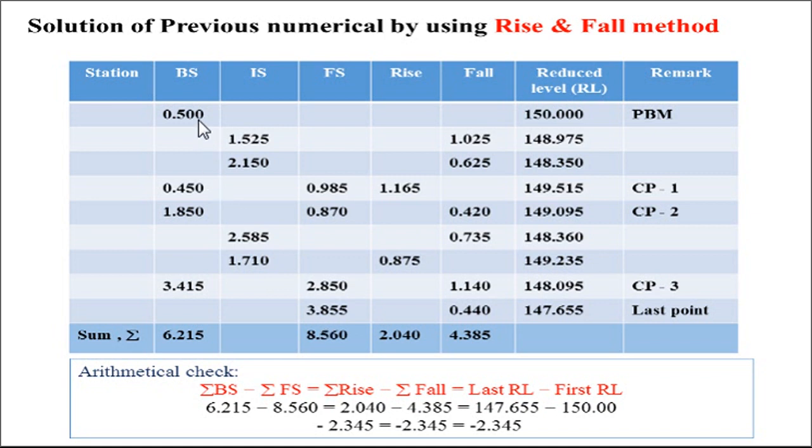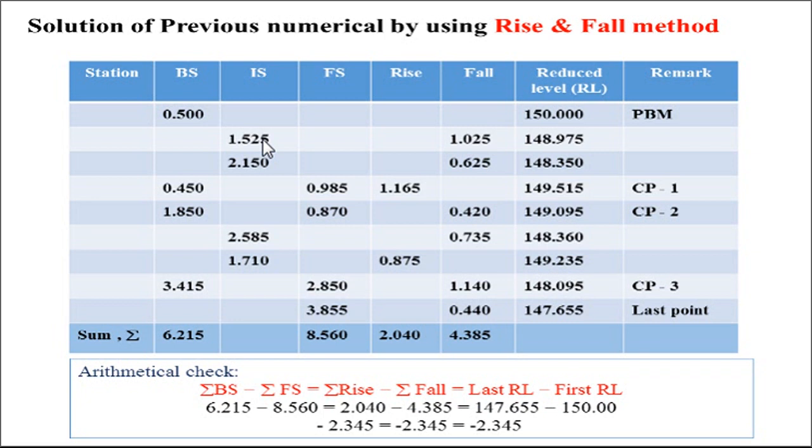This is the first reading, second, third, fourth, fifth, sixth, seventh, 8th, 9th, 10th, 11th and 12th. We compare two successive readings. First, 0.5 minus 1.525. This reading is small, this is large, so we get a negative value.